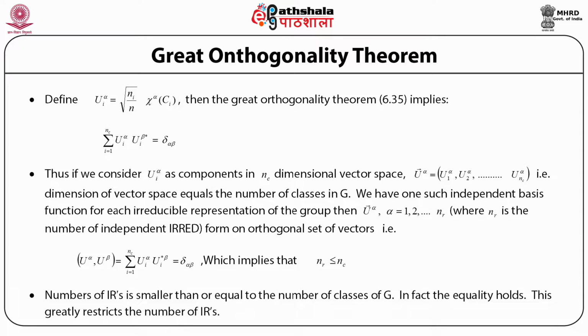That is, the number of irreducible representations is smaller than or at most equal to the number of classes of G. In fact, it is equality that holds. Thus, this theorem greatly restricts the number of irreducible representations.